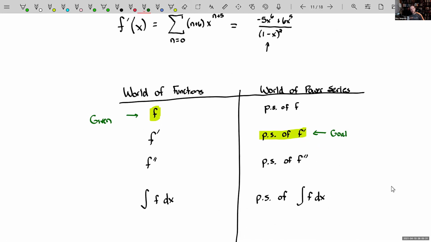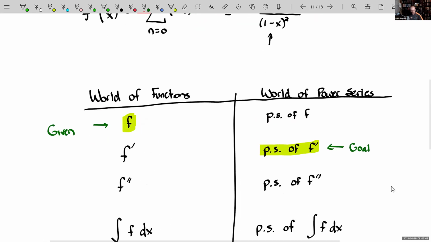We're given the function of f. I have to map a road to get over to this point. And there are two directions I could go. There's actually several directions I could go, honestly. So let me showcase all the directions. You can't do a diagonal. You can't go this way, but you could transform f to its power series and then go from the power series of f to the power series of f prime.